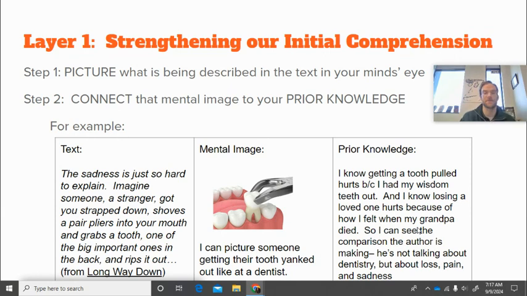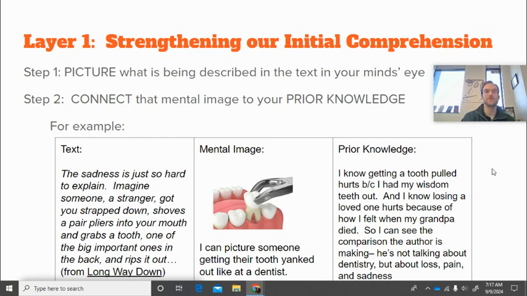What he's really talking about is loss and feeling sad or feeling in pain when someone who you loved is gone. And so it's not a passage about dentistry. It's a passage about loss, it's about pain. And I can understand that based on my notes here, based on the mental image that I made and the prior knowledge I connected to.